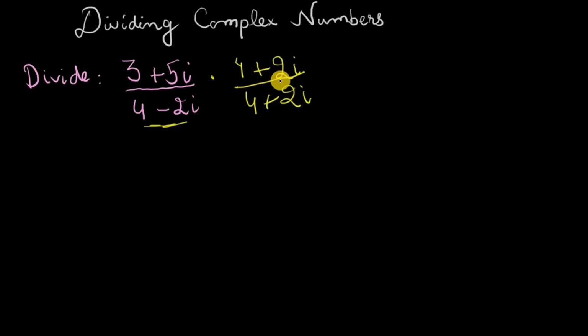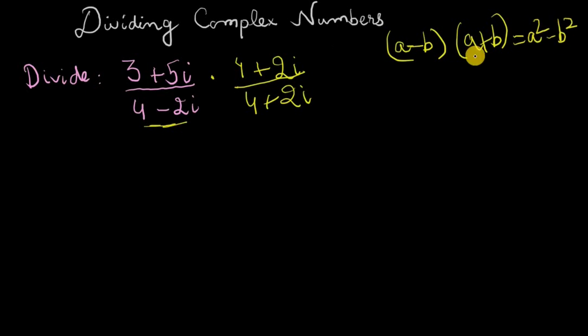And 4 plus 2i divided by 4 plus 2i is just a 1, so we're not really changing the value of this expression. But what this allows us to do is have a real number in the denominator, because it is in the form a minus b times a plus b. We've learned that when you have an a minus b times an a plus b, that's going to be a squared minus b squared. And that's going to help me convert this into a real number.